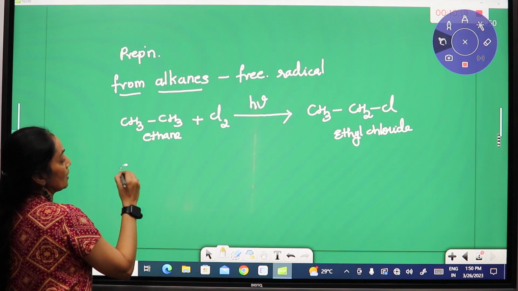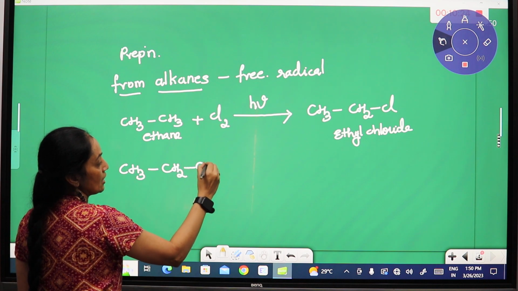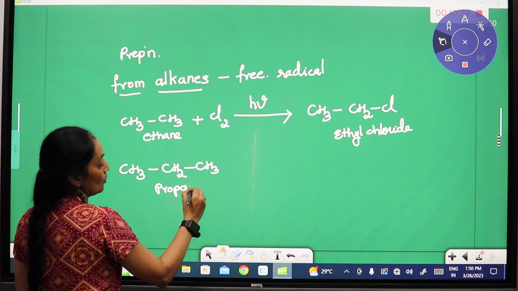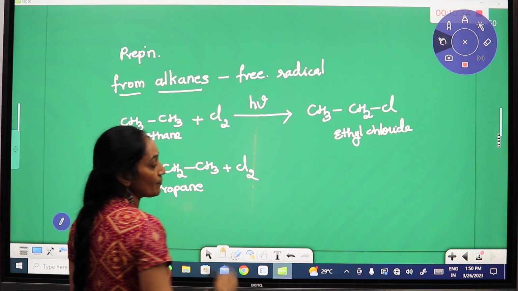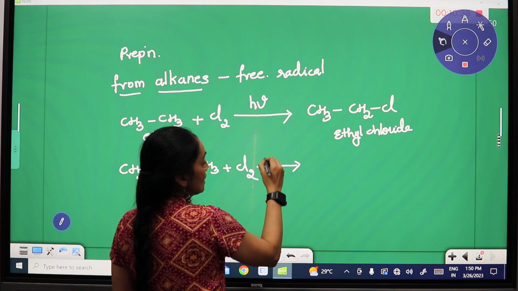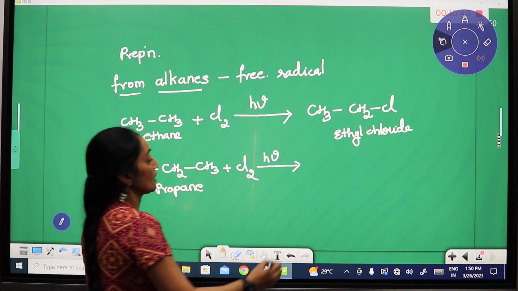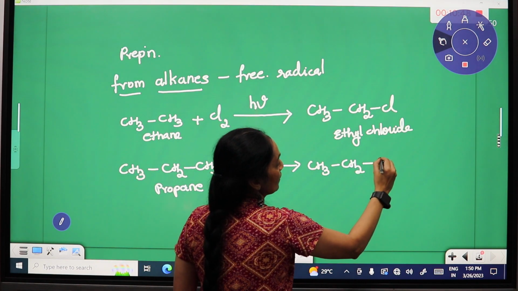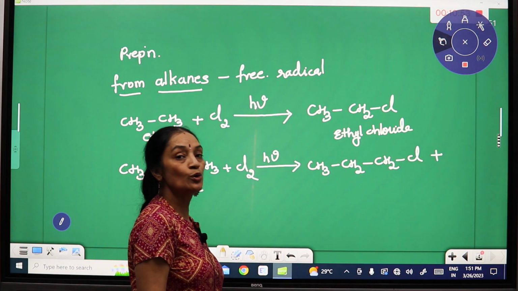Whereas, if I take CH3CH2CH3, which we call propane, and subject it to chlorination in the presence of sunlight, I can get 2 different products. I can get CH3CH2CH2Cl, that is 1-chloropropane.